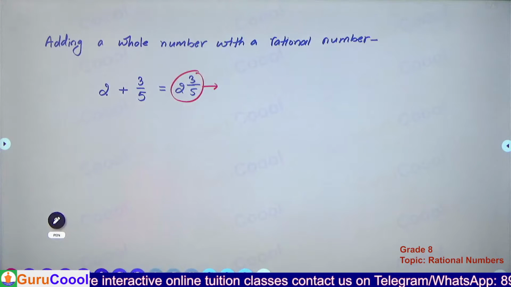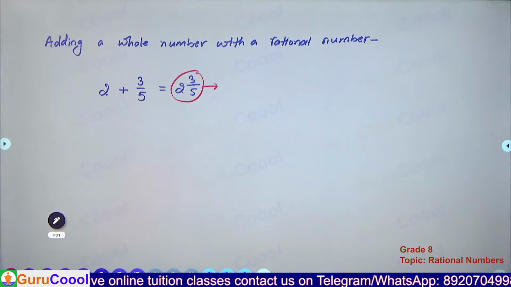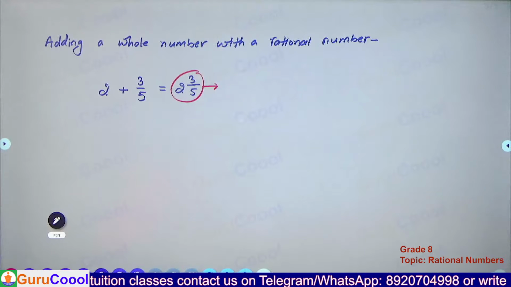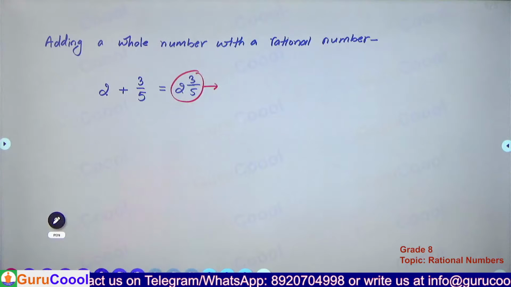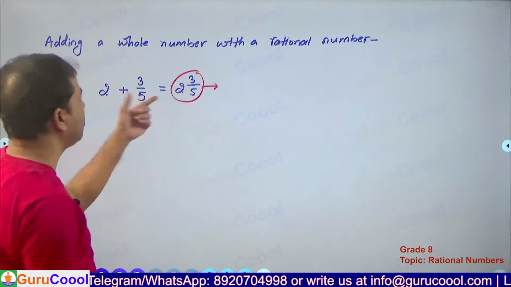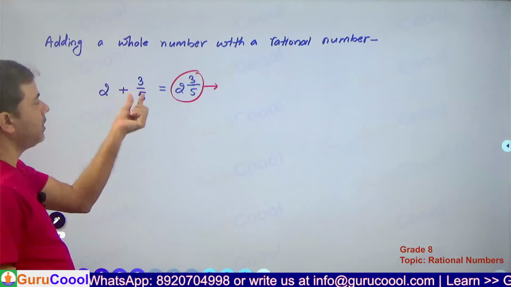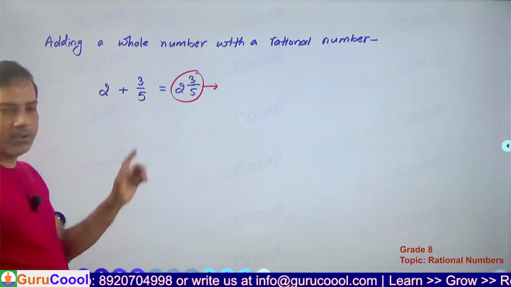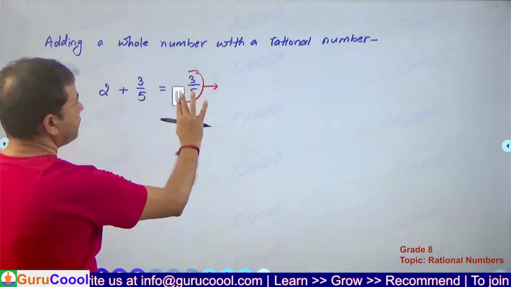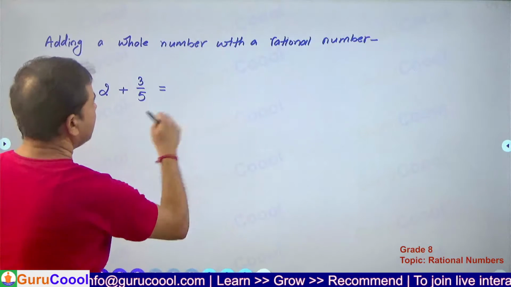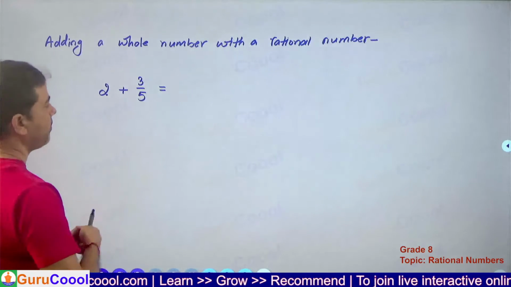The same process you will do here to add a whole number and a rational number. I'm not writing it here, but I want you to behave the same.